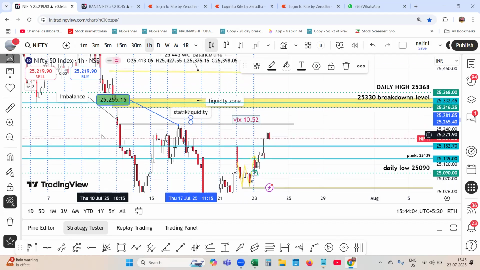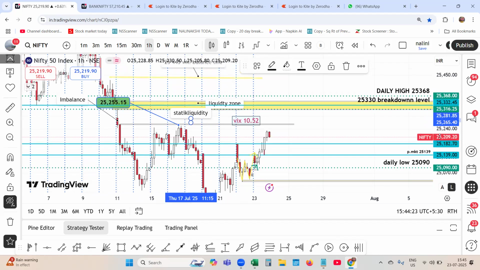Static liquidity means, because the market came down and hit the resistance level, the sellers have become active. Most probably these are all retail traders who have kept their stop loss that the market will not go higher.